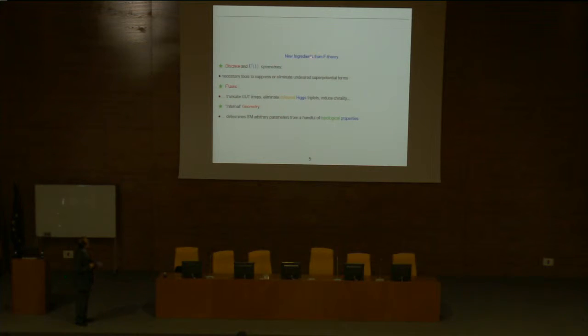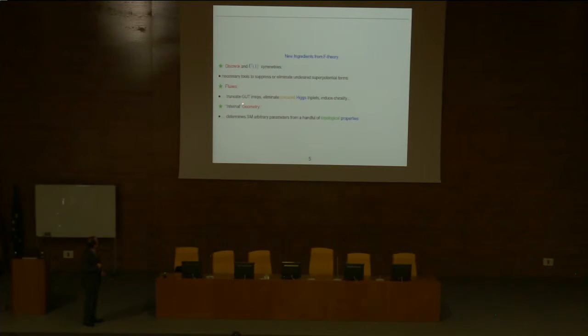So the new ingredients that I will use from F-theory are, first of all, that we will see that the symmetry predicts in a natural way discrete and Yukawa symmetries, which are necessary tools to suppress and eliminate undesired superpotential terms. And also, we have seen already in the morning that fluxes truncate GUT representations, and in this way they eliminate color triplets if one chooses the flux parameters wisely, and induce chirality.